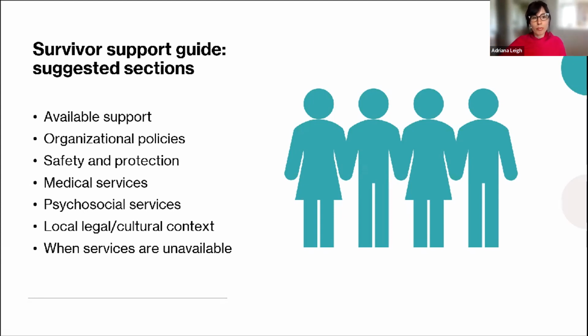Other sections that you should be including in a guide would include, of course, a safety and protection section. So you've done a risk assessment. You want to make sure that there's an immediate safety plan and protection plan in place to make sure that the risk of retaliation is mitigated, along with risks of possible breaches of confidentiality, etc. And then you also want to make sure that the medical services and social services that are available are clearly laid out, so the survivor knows what they can expect when they receive medical attention, and what medications are available or not available in the country.